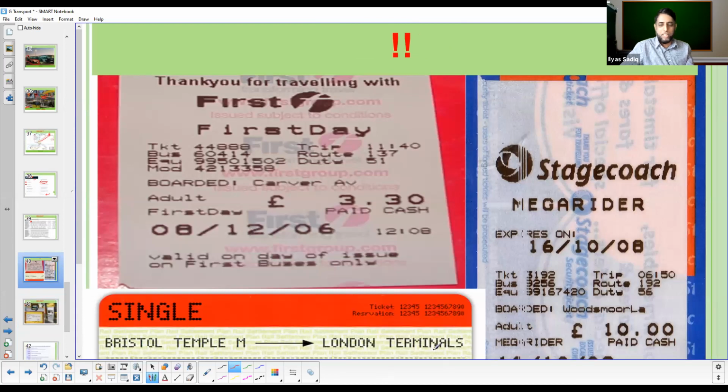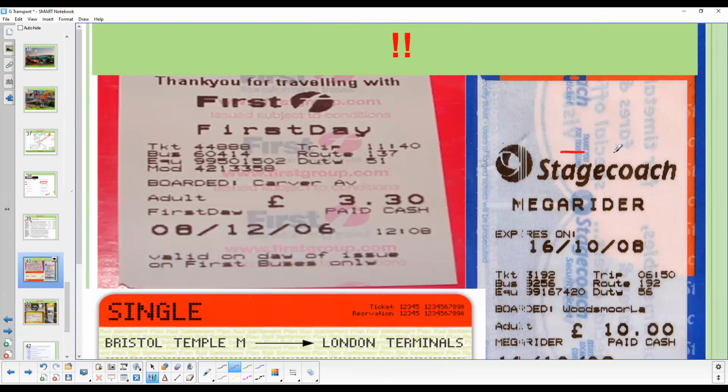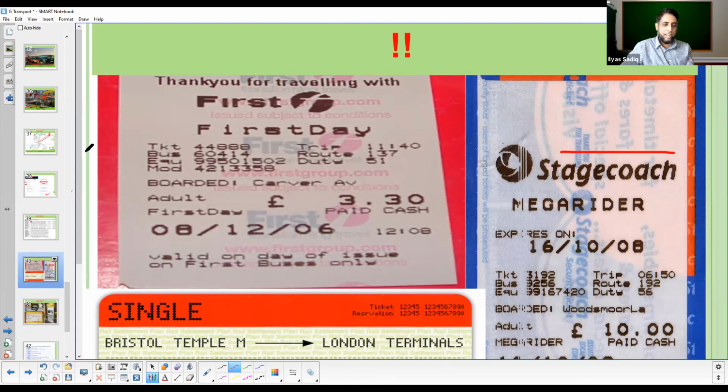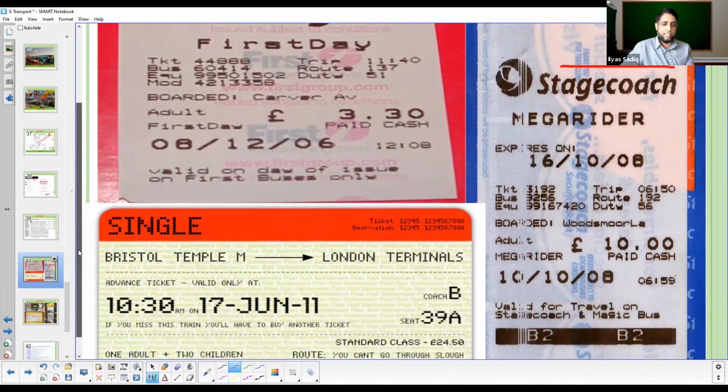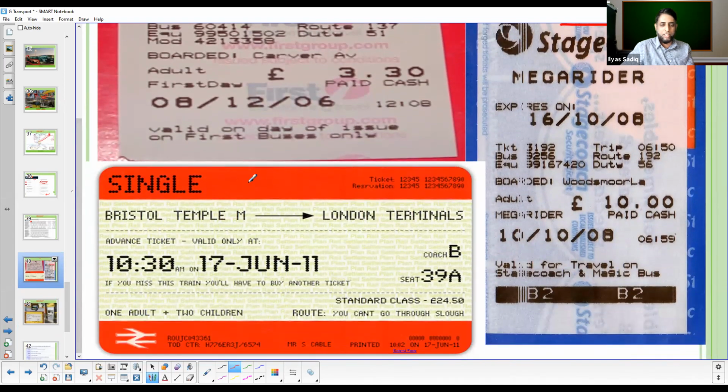Okay, so here you have the tickets. This is a Stagecoach ticket. It's a bus ticket. And this here is the train ticket. Or tram, you can also get a tram ticket. This is the same, I think, it's London terminal.